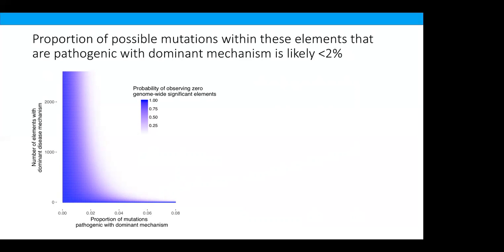From this analysis, it's clear that there are either almost 0 non-coding elements that have a dominant disease mechanism, or if there are, the proportion of sites within those elements that, when mutated, are sufficient to cause this disorder must be less than 2%.